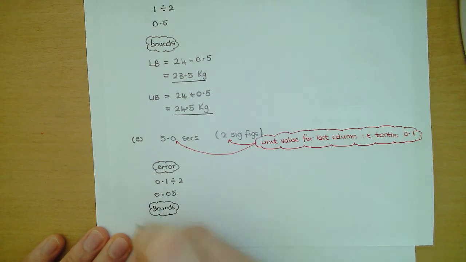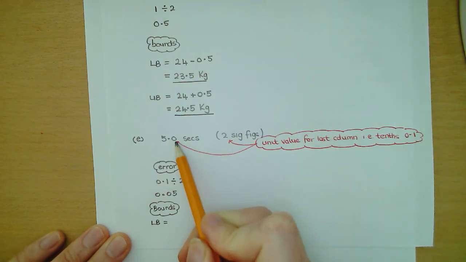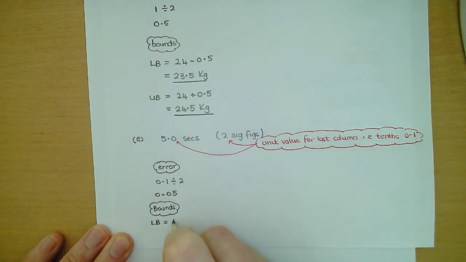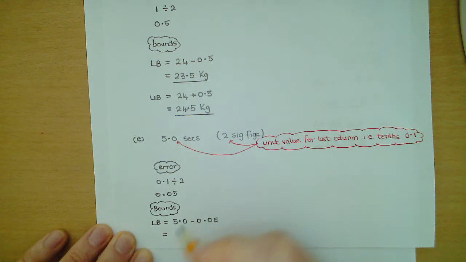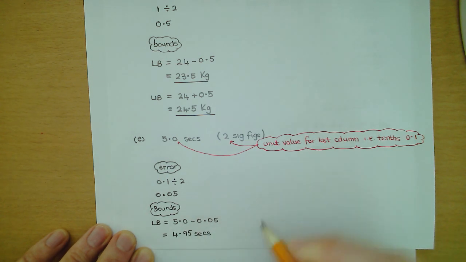So the lower bound is the rounded value, subtract the error. So that's going to give us 4.95 seconds. And then the upper bound, we're going to take our rounded value and we're going to add on the error.